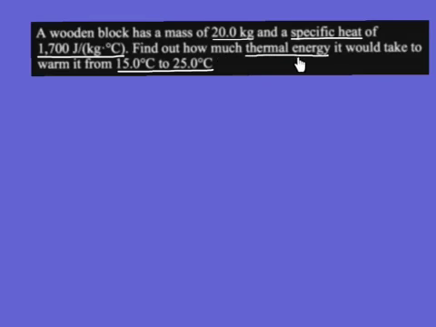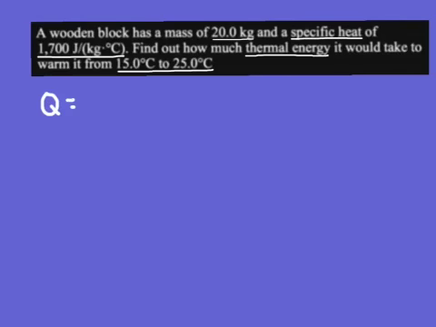Find out how much thermal energy it would take to warm it from 15.0 degrees Celsius to 25.0 degrees Celsius. So what we are trying to find here is thermal energy. So we are going to write out what we know and what we don't know.